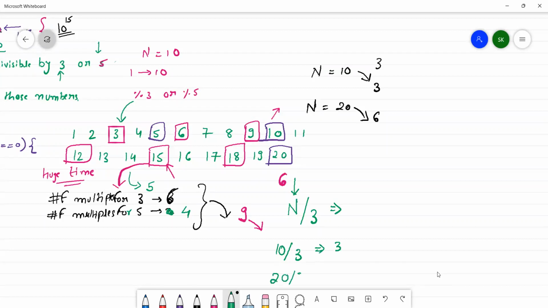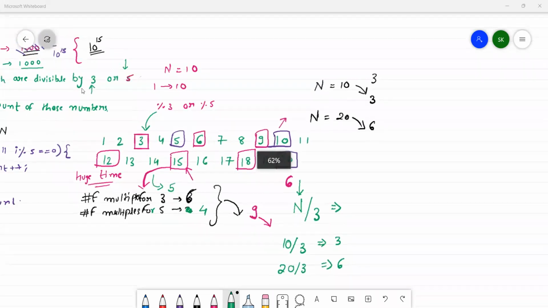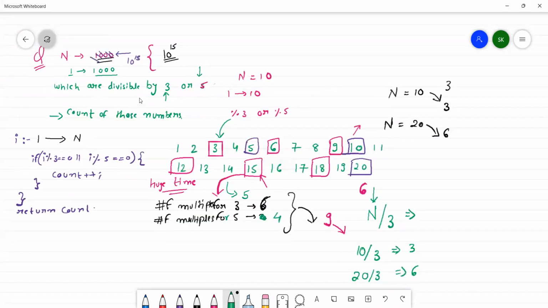If 20 is given, 20 divided by 3, the maximum number it can give you is 6. Are you all able to follow this? Great. Same thing goes for every number. So if in future you get this divisible kind of thing, you have to check that.